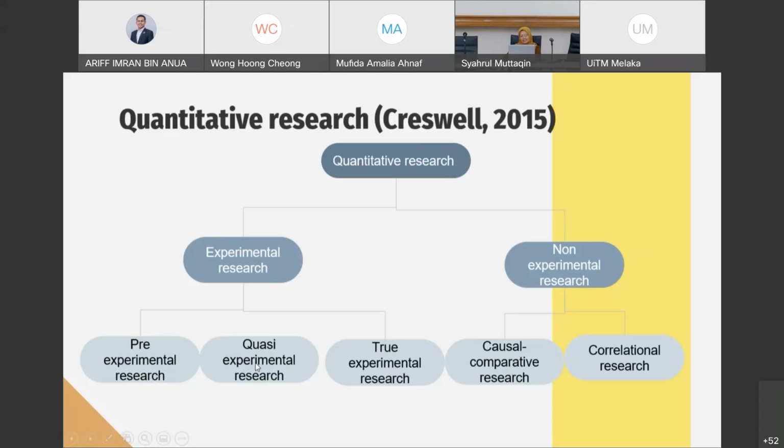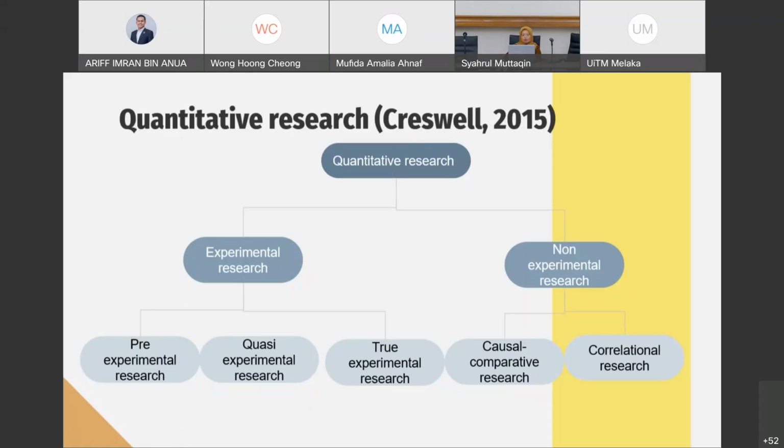And then quasi-experimental research, since in Bahasa Indonesia we call it quasi-experimental, right? So it is quasi-experimental research. And then the highest is true experimental research. Related to the learning environments, when we do pre-experimental research, we can explore the students' condition.